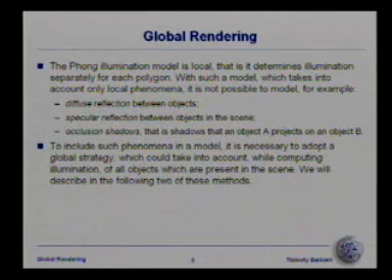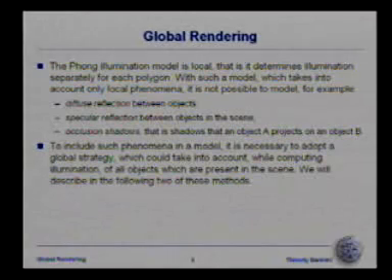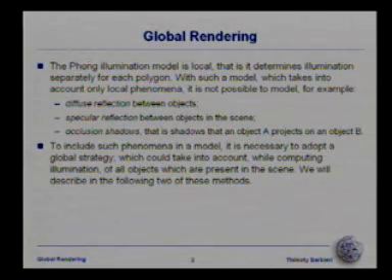We have reflection of the image of other objects on a specular object. In order, therefore, to create a rendering which is more realistic, we have to contrive, to invent more complex ways of calculating colors, calculating the appearance of objects in an illumination model.